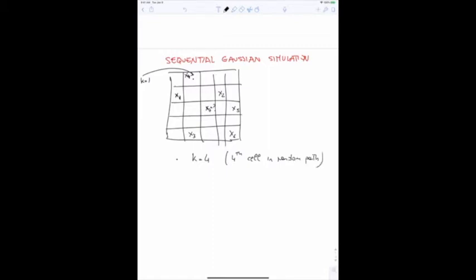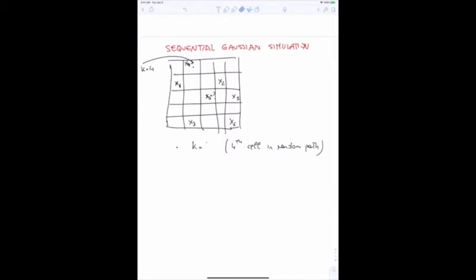Well, if you want, you can just assume that 1, 2, and 3 are already simulated, so we can call this one here K4. It doesn't really matter. So let's say that we are at location K7, and we have already simulated. So x1, x2, and x3 are measured, so there's no point of simulating there. And then x4 and x5 and x6 are simulated.